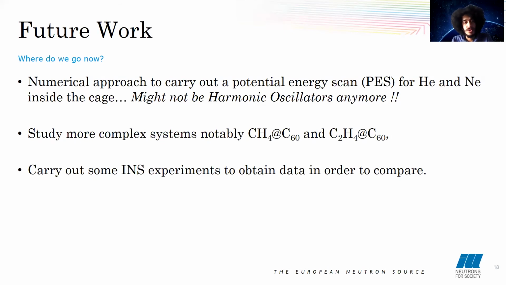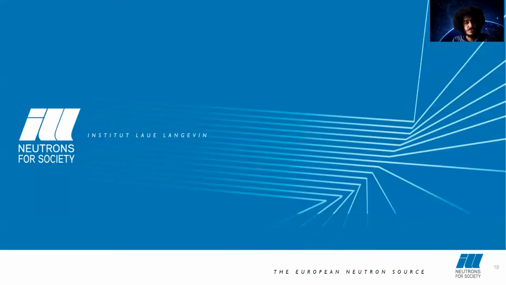And then we will hopefully be able to carry out some INS experiments to obtain data to compare with the simulation results. And that's about it. So thank you for tuning in again, and fire away.